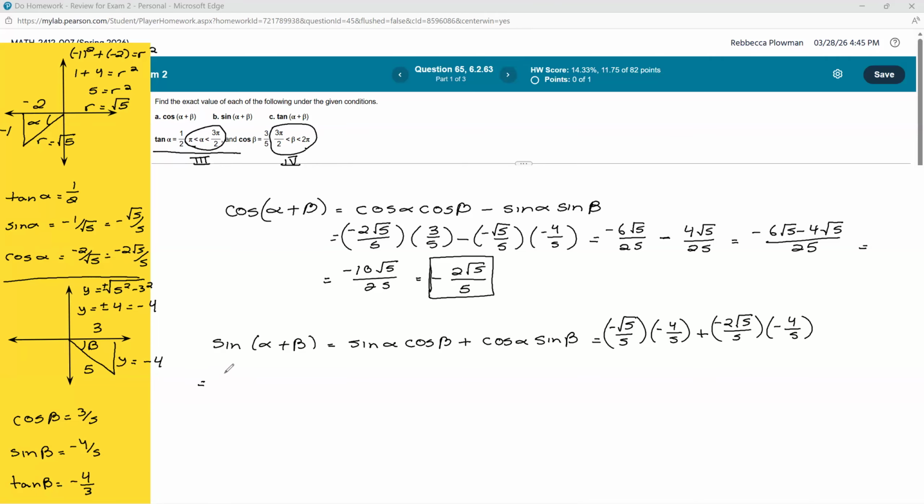So that is going to be a minus 4 square root of 5 over 25, plus, positive, because a negative and a negative again, so that's going to be 8 square root of 5 over 25. So that is 12 square root of 5 over 25.